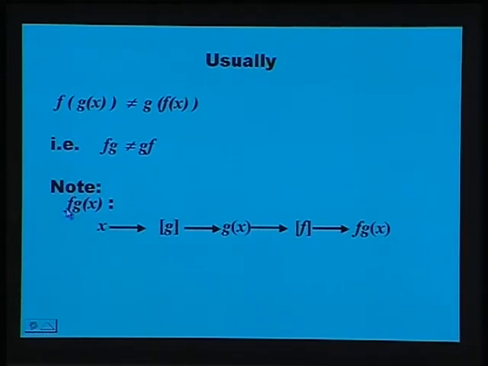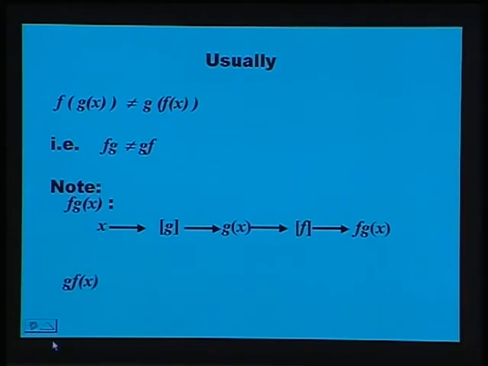So whenever you have to find the function f(g(x)), you've got to use the function g first with x as the input to obtain the output g(x), and then use g(x) as an input to the function f to obtain f(g(x)).